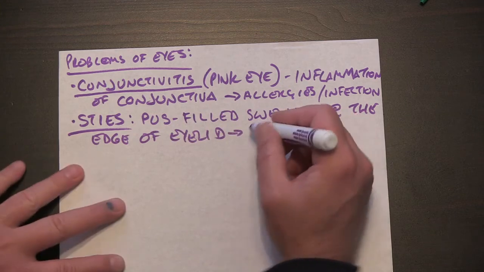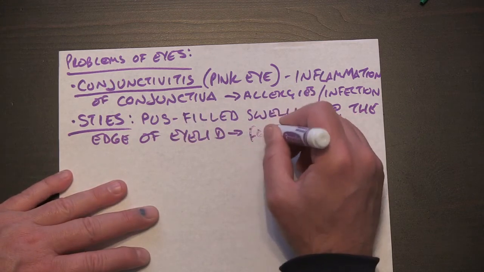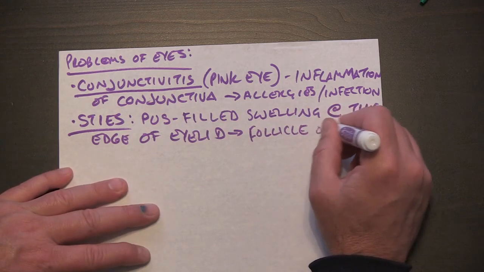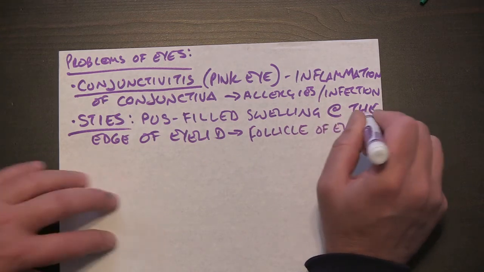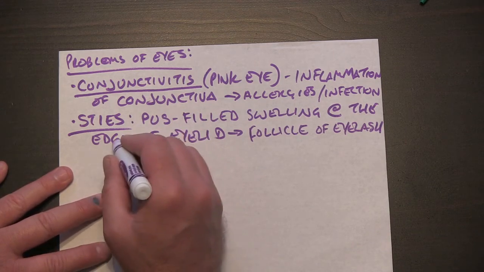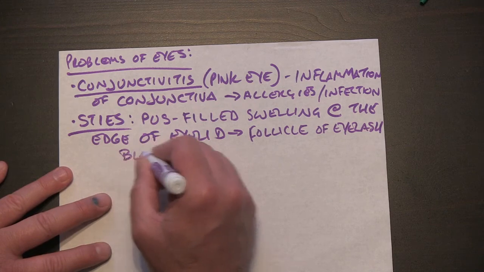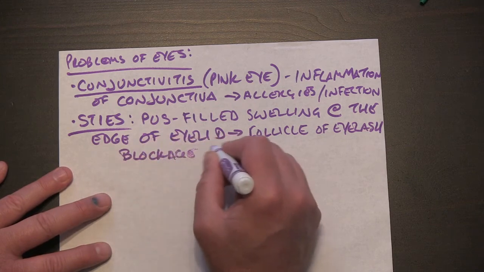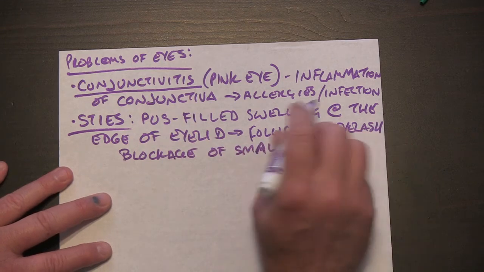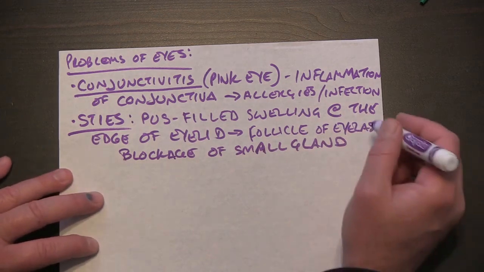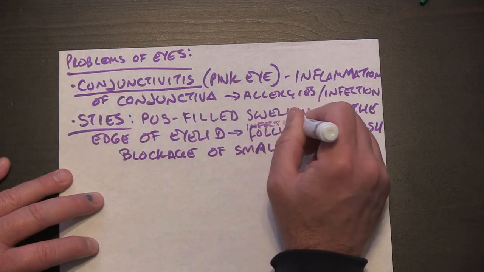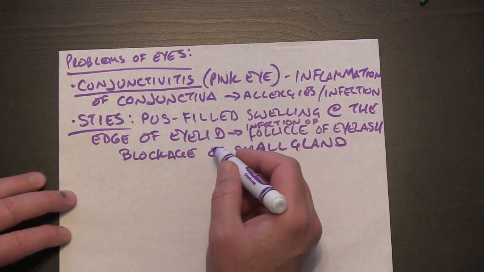And this can either be caused by the follicle at the eyelash becoming inflamed, or blockage of a small gland. This is infection of a follicle, an eyelash follicle.